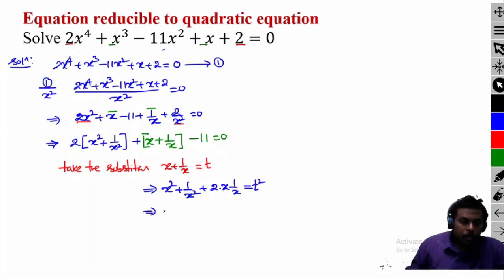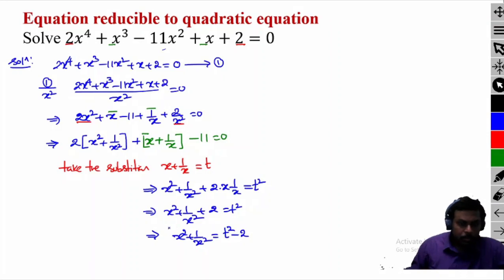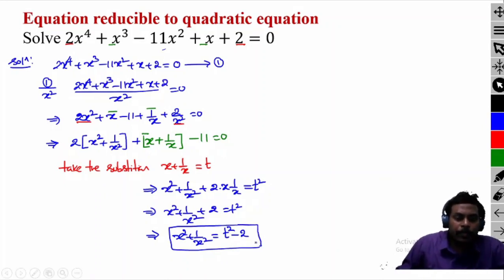This implies x square plus 1 by x square plus 2 is equal to t square, so x square plus 1 by x square is equal to t square minus 2. This is the advantage. Now we have x plus 1 by x is equal to t, and x square plus 1 by x square is equal to t square minus 2.